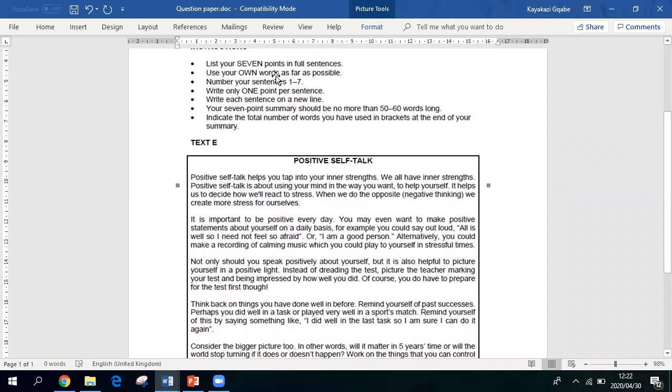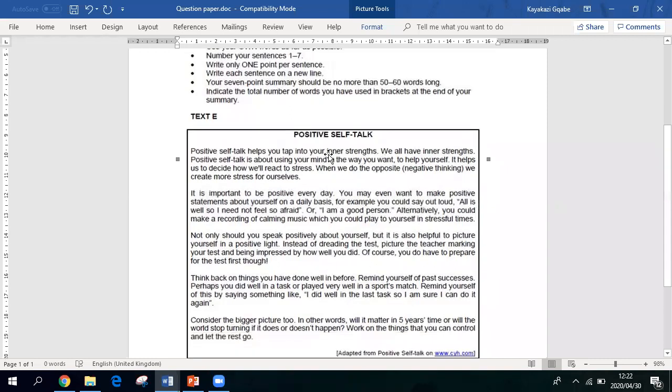You are required to list 7 points, number 1, 2, 3, 4, 5, 6, 7, okay? It's up to you what you want to start with. You don't have to start with the first paragraph and end with the last one. It's up to you how you want to do it.